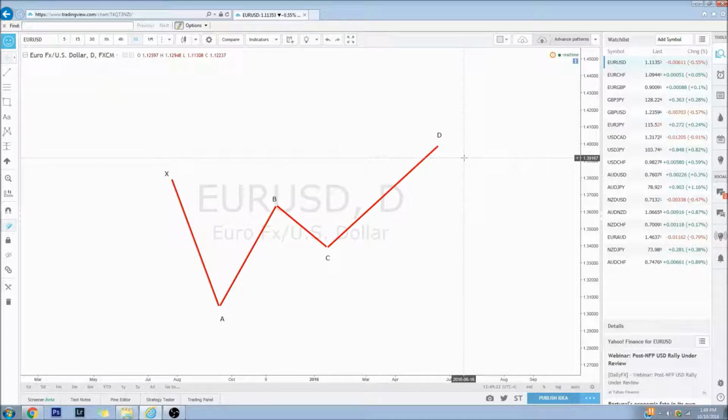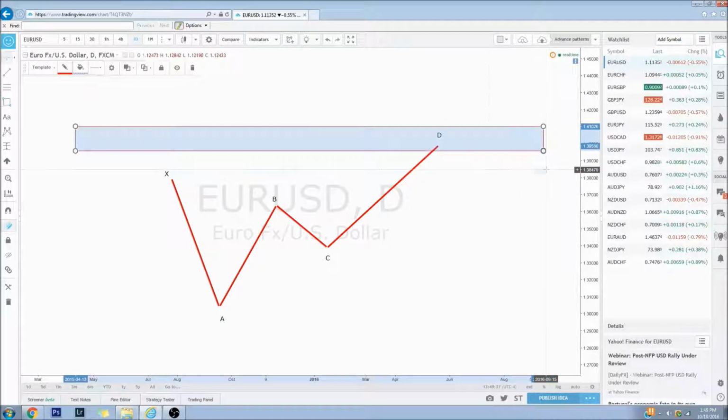But here we go. Now the butterfly setup here is used mainly in an uptrend scenario. And what we look for is structure on a higher time frame, possibly ending where a D point would be.